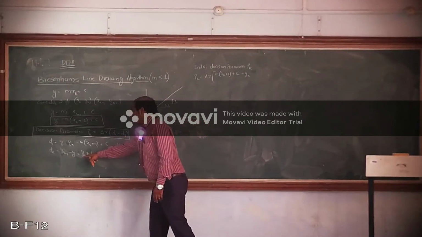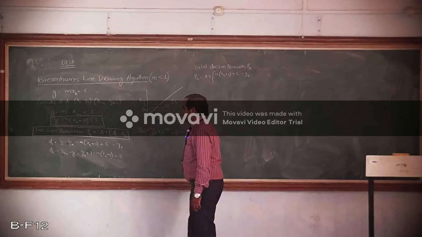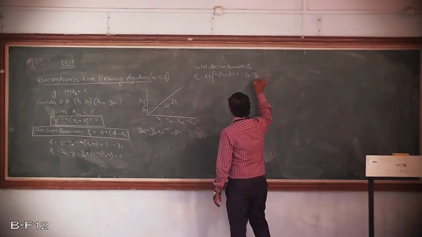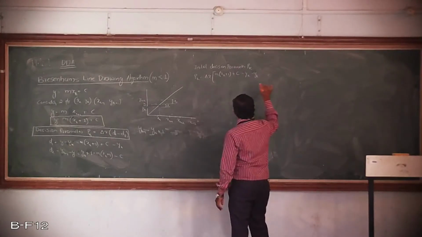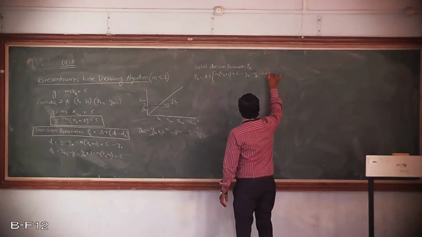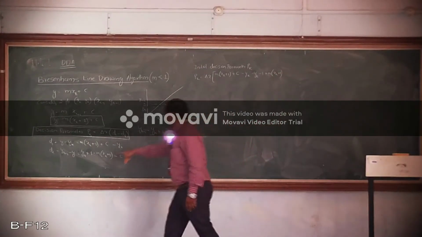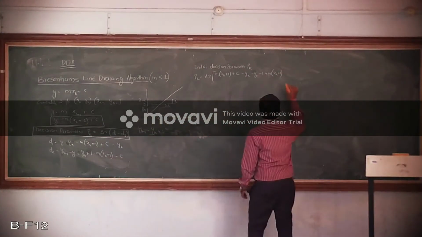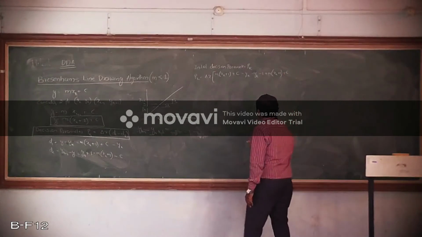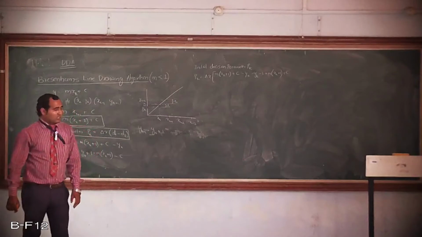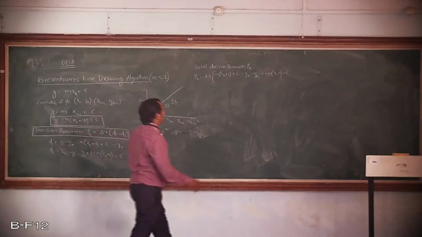Now I need to substitute the value of minus d2. So plus becomes minus, minus becomes plus. That is minus yk minus 1 plus m into xk plus 1 plus c. So this will be the initial decision parameter pk.